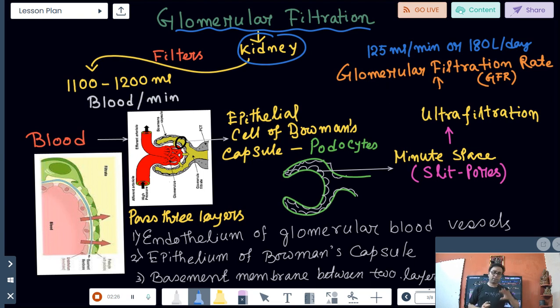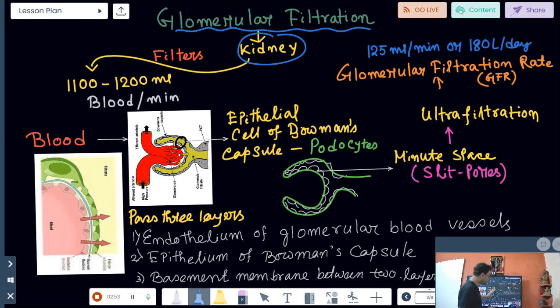When the blood is mixed with urea or some other substances, it ultimately goes inside the kidney. Inside the kidney, we already know that the nephron is there. So now the blood reaches a particular position, that is the glomerular part. This one is the glomerular part. This is the structure of the nephron.